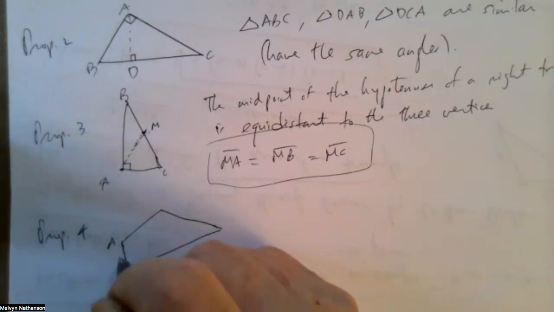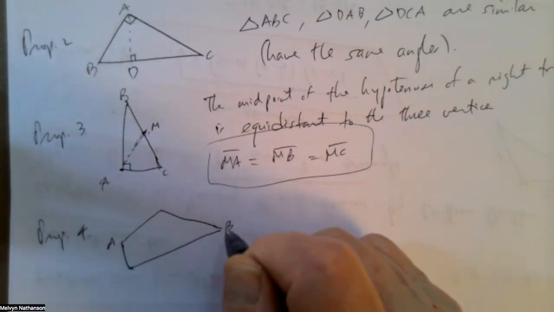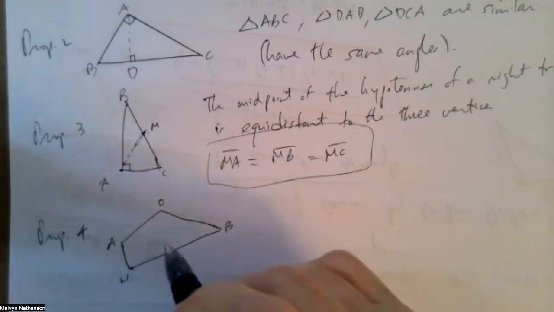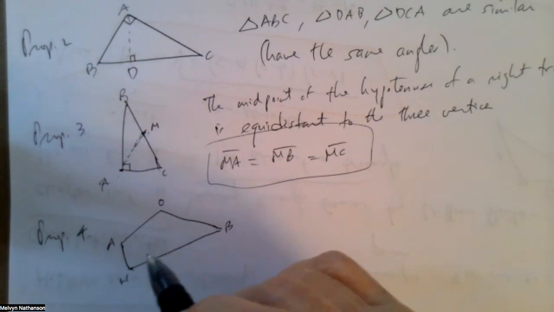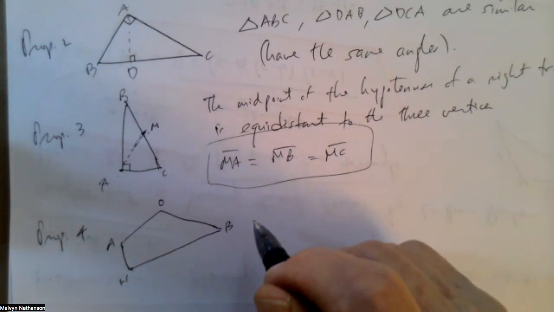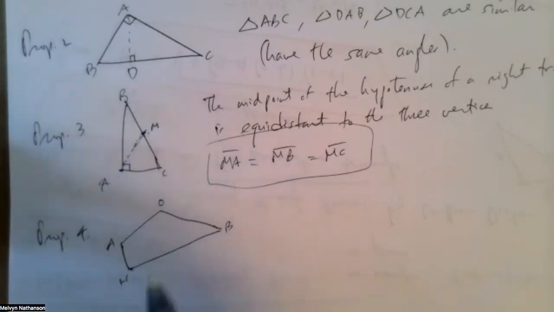But here we have a quadrilateral. It's a four-sided figure. A and B are one pair of opposite vertices, and O and H are another pair of opposite vertices. And the proposition says, let me draw this line.